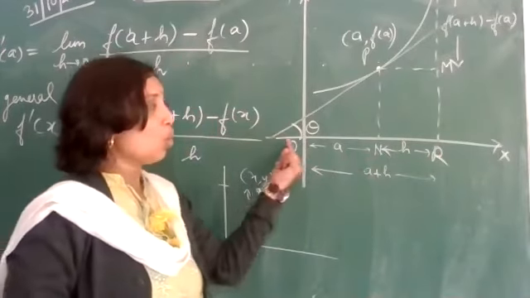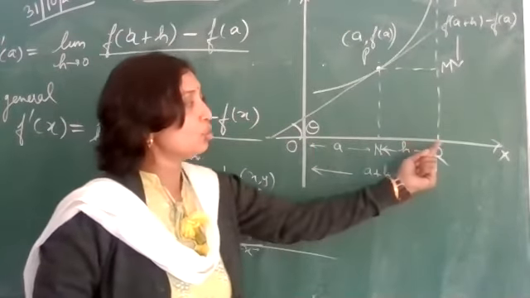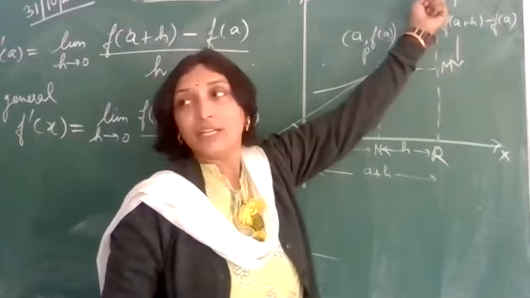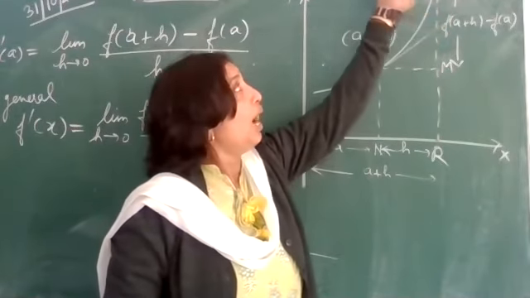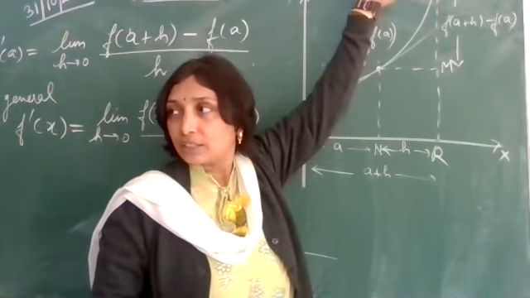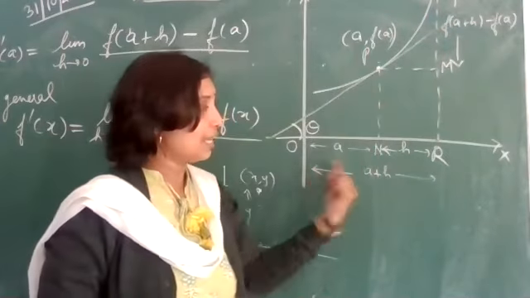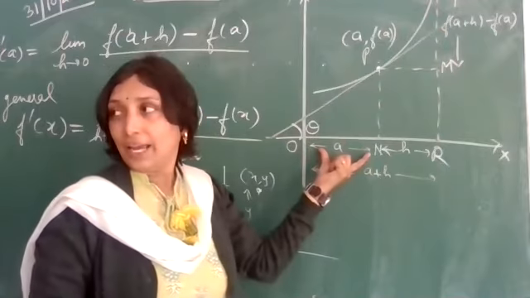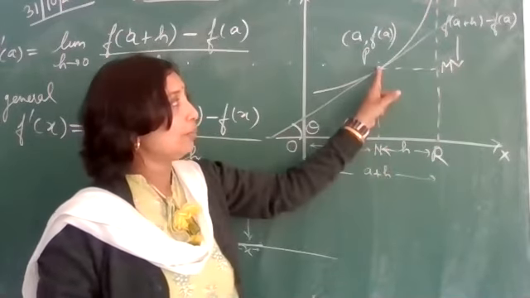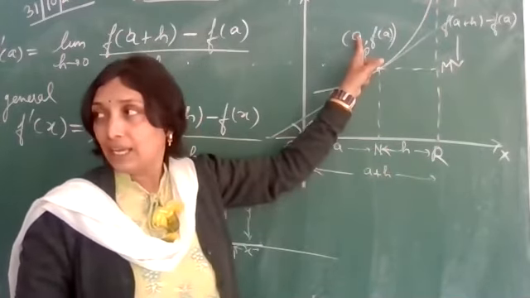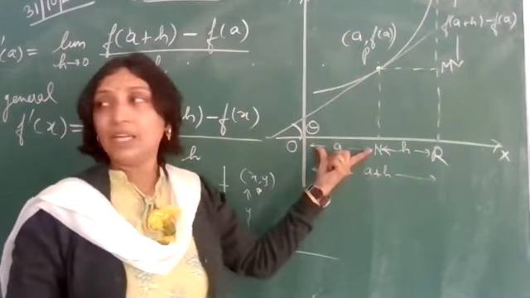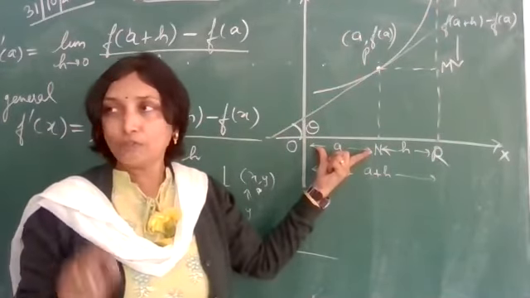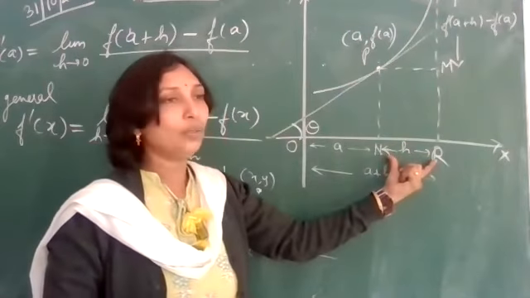When we talk about OR, what is the distance OR? We have dropped the perpendicular from point Q, so the OR distance will be the x coordinate, which is A plus H. Similarly, the distance ON, the point is A, so this distance will be A units, the x coordinate of point P. And we have to find NR.